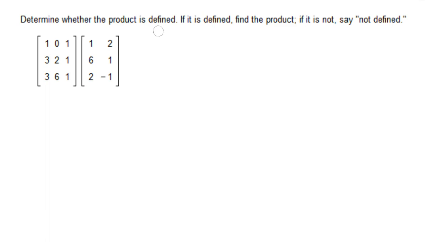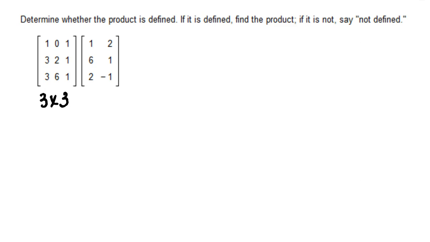Determine whether the product is defined. If it's defined, find the product. If it's not, say not defined. So we have 2 matrices here that we want to multiply, and to determine if this product is defined, we have to look at the size of each one of these matrices. The first matrix has 3 rows and 3 columns.